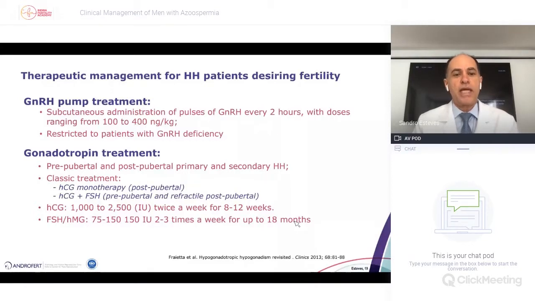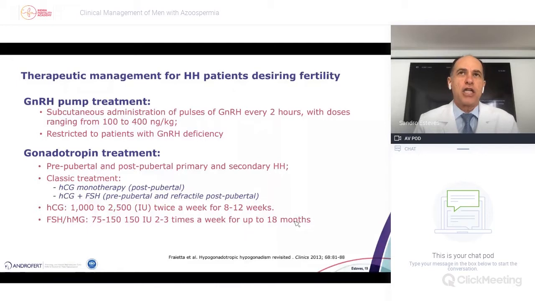If the patient is prepubertal, we need to give HCG and FSH. We usually give 75 to 150 international units of FSH 2-3 times a week for up to 18 months. It will take longer for a prepubertal patient to have mature sperm in the ejaculate.